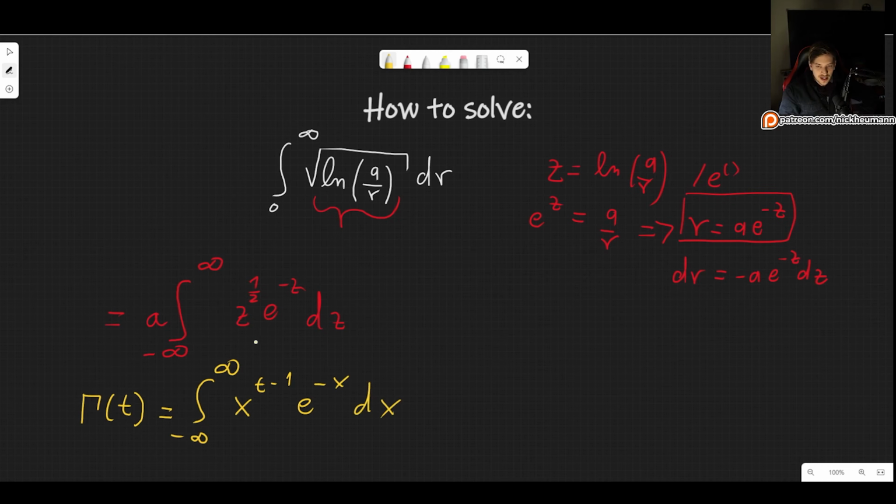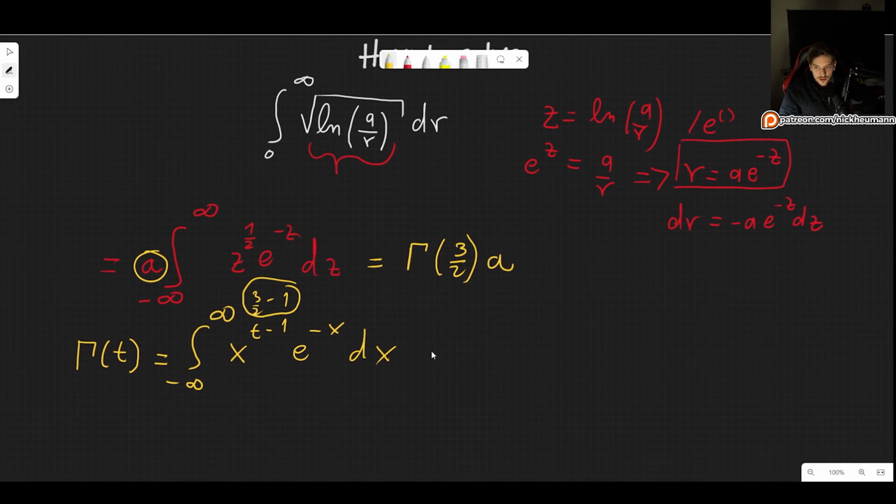And if we compare our two expressions, then we can see that if we have t equal to 3/2, then we have 3/2 minus 1, which is exactly 1/2. So what we have up here is exactly the gamma function evaluated at 3/2, multiplied by a. And what is the gamma function of 3/2?